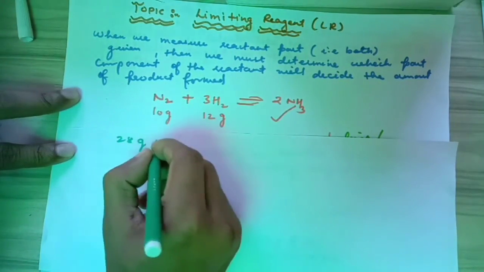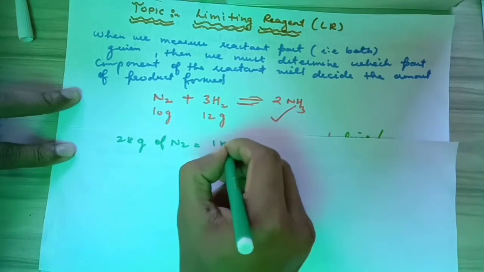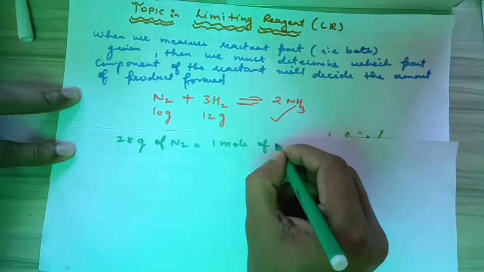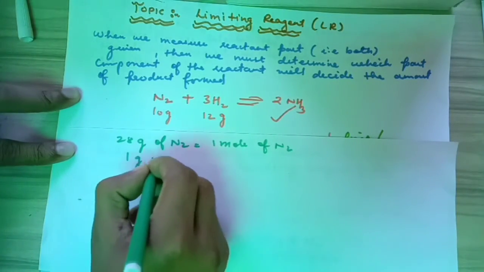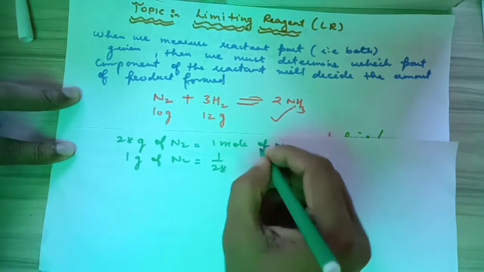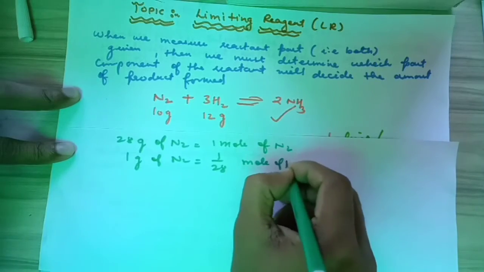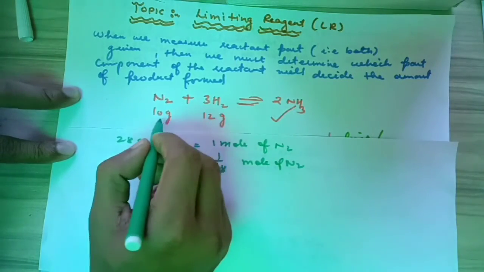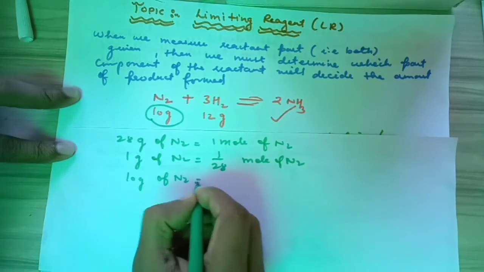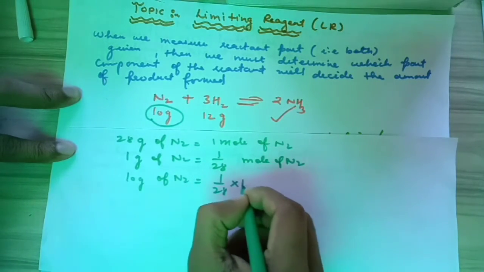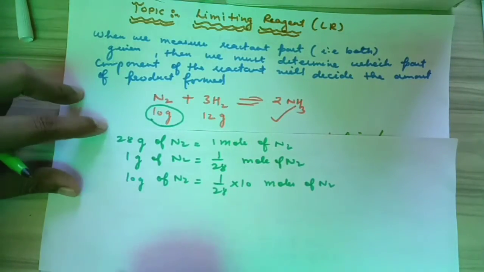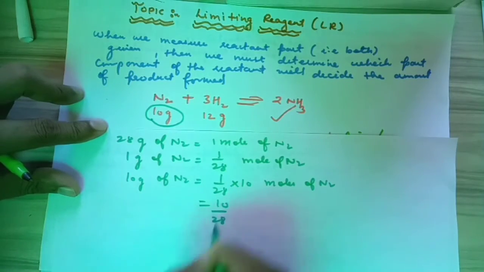If 28 gram of N2 will give 1 mole of nitrogen, then 1 gram of N2 will give how much? It will be 1 by 28 mole of N2. So how much is it given in the question? That is 10 gram. So 10 gram of N2 will provide 1 by 28 into 10 mole of N2. So it will be 10 by 28.